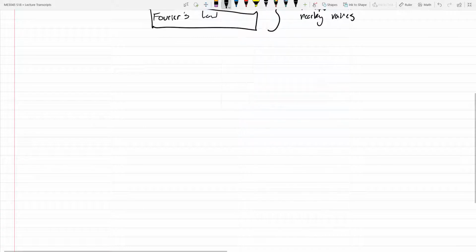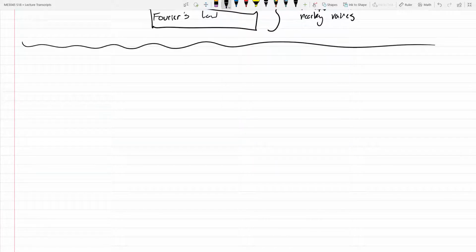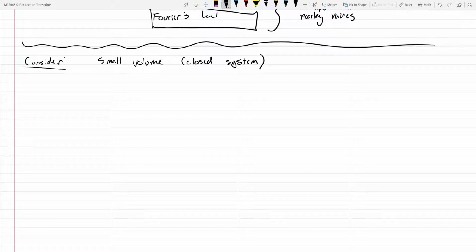Proceeding with the derivation, let's consider first a small volume, which will be considered a closed system, with no mass entering or leaving.